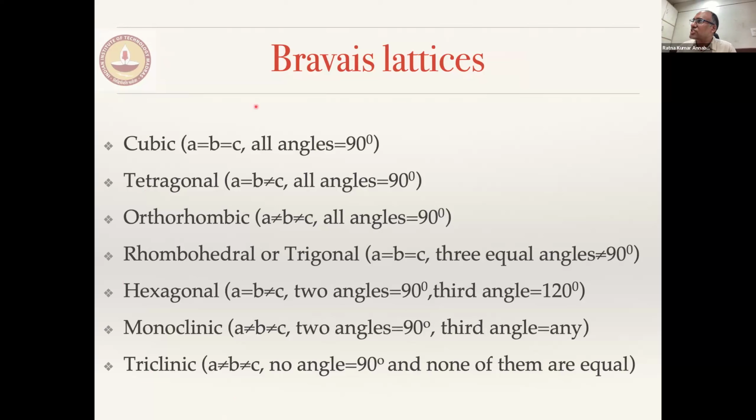What do you mean by a cubic crystal? A cubic crystal is characterized geometrically by having all 3 sides equal, a equal to b equal to c, and all angles 90 degrees. If you start relaxing the constraints, that means you are relaxing the symmetry level, and as a result you will have different structures.